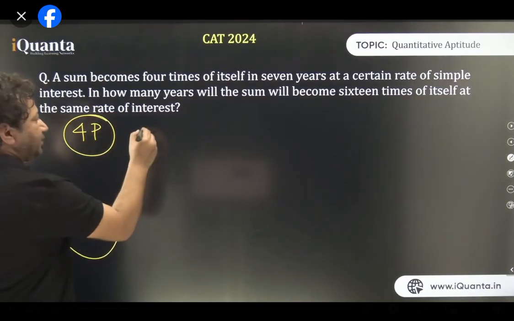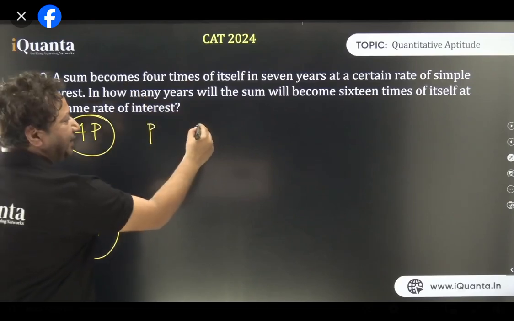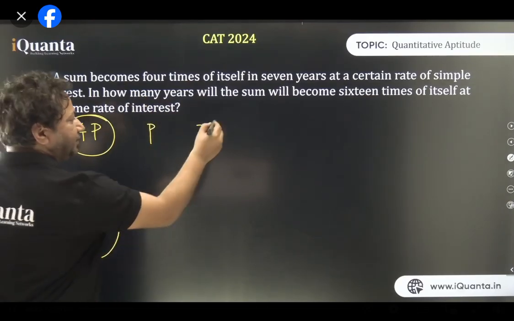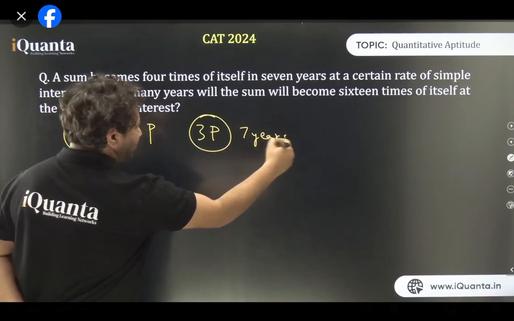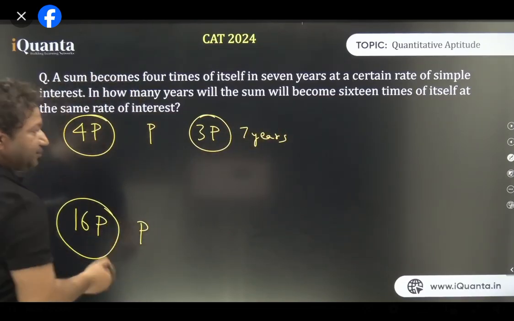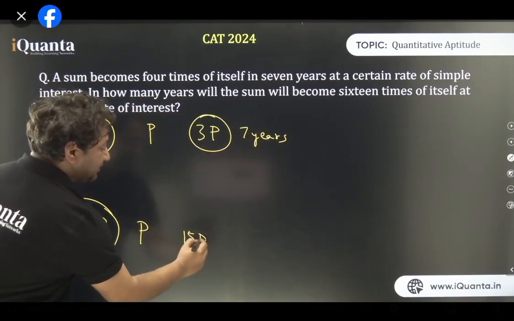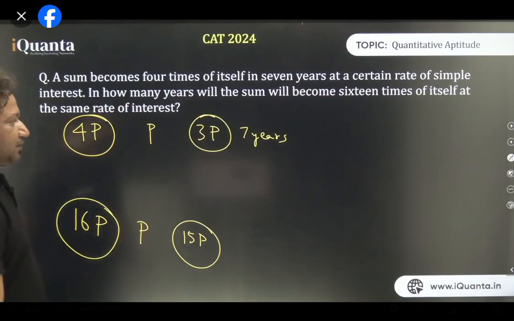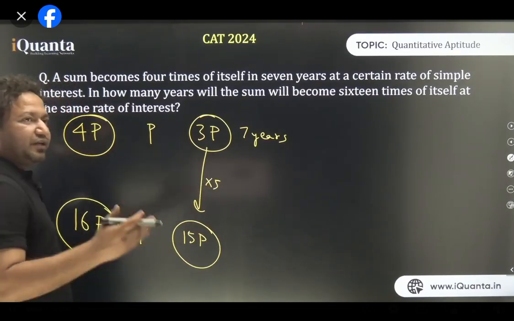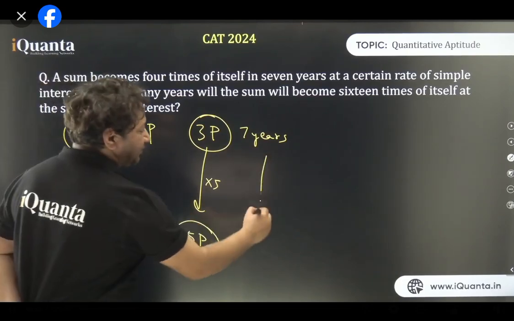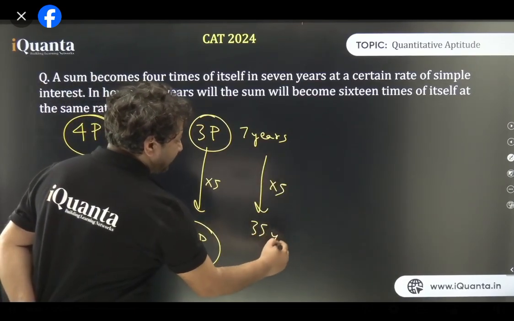So P is what we initially had, and we got 3P more. This is the amount we got every 7 years. And in this case, P we already have. We need 15 more. That is the only way we can have 16P. So how many 3Ps will make 15P? 5 times: 3P plus 3P plus 3P plus 3P plus 3P. So 5 times this will be 35 years.